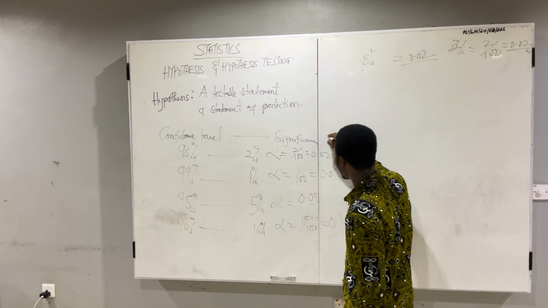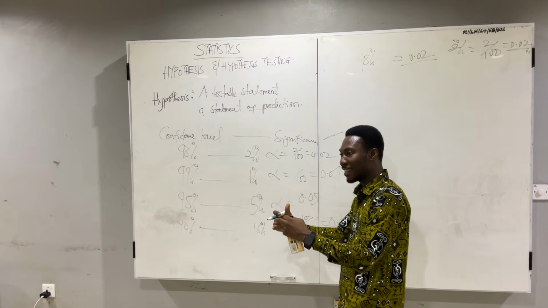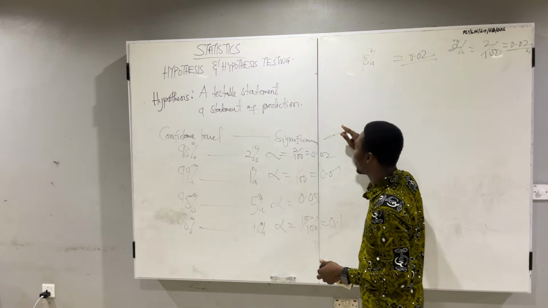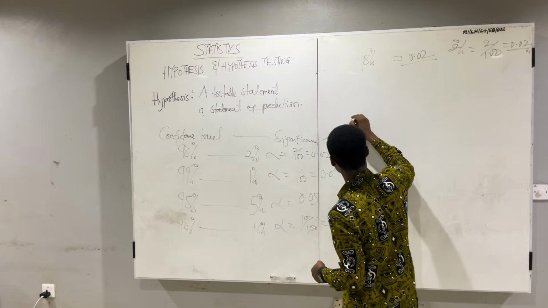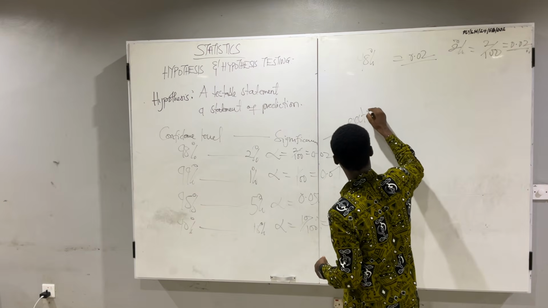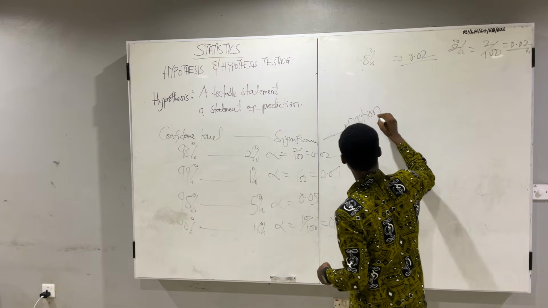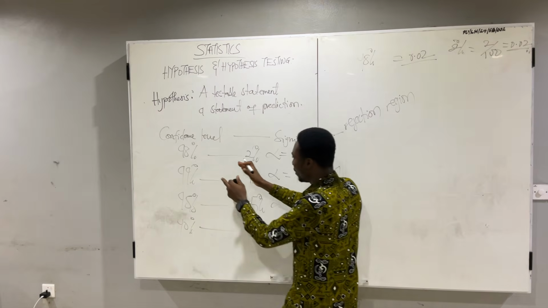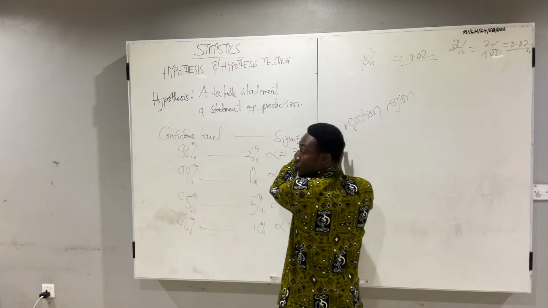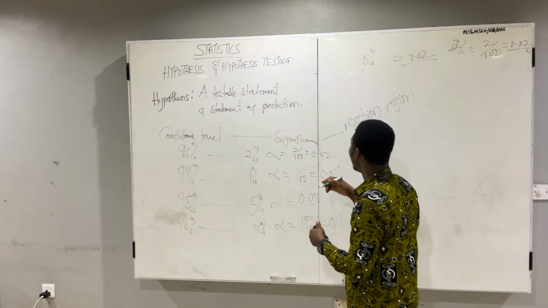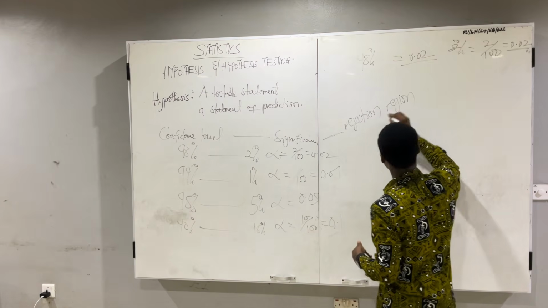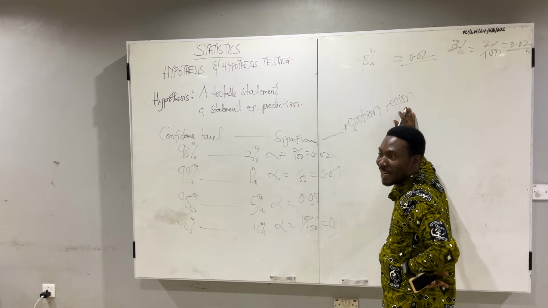And this significance level is the percentage that you've given to error. Okay, so the significance level is more like the rejection region. The rejection region is the region that if your statistical test comes to it, you reject the null hypothesis.